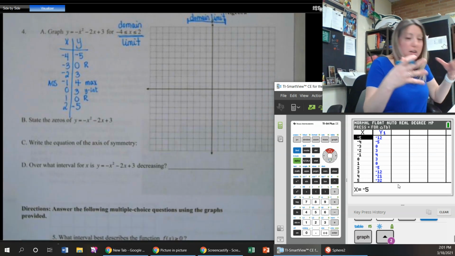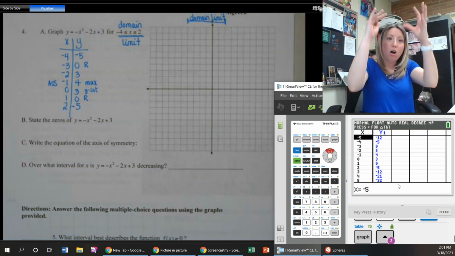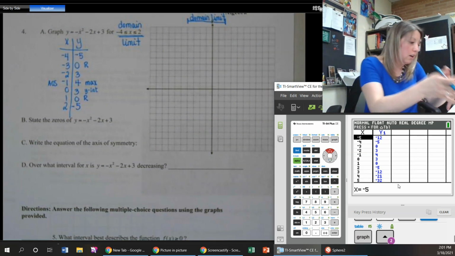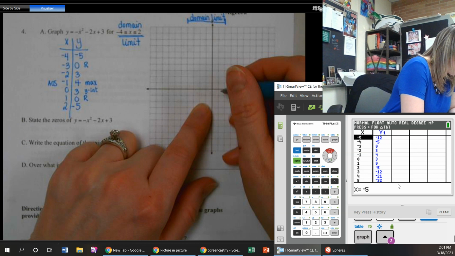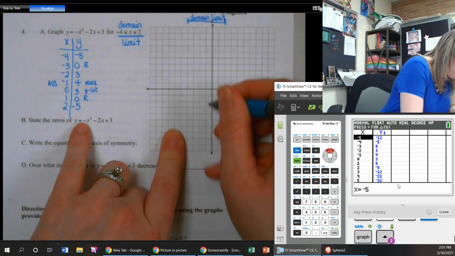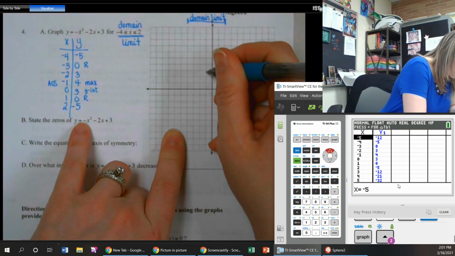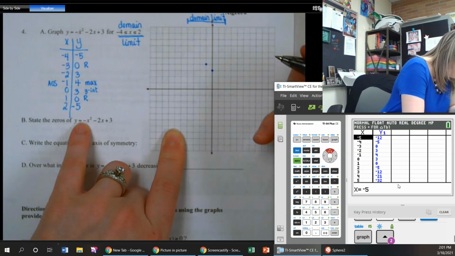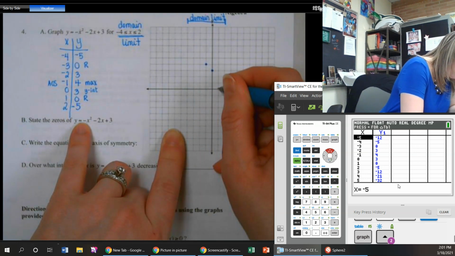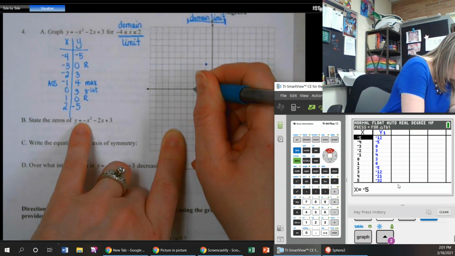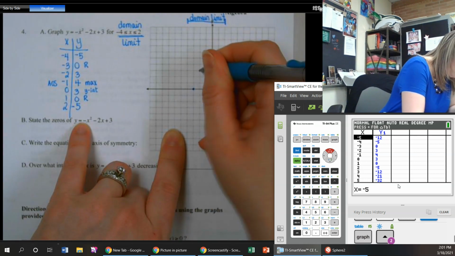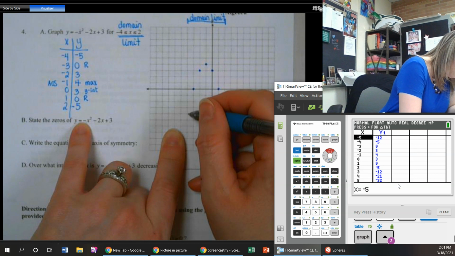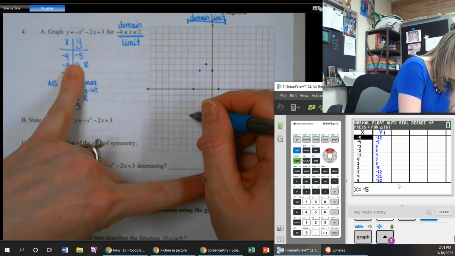So we can see from our table all those key pieces that on the graph will make our parabola what it is. 1, 2, 3, 4. Positive 4, right? Because our y-intercept is positive 3 right here. And then our roots are 1 and negative 3. I'll back up a sec. And then, of course, I can go all the way over to (negative 4, negative 5).